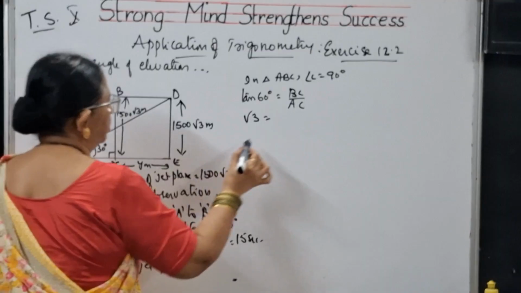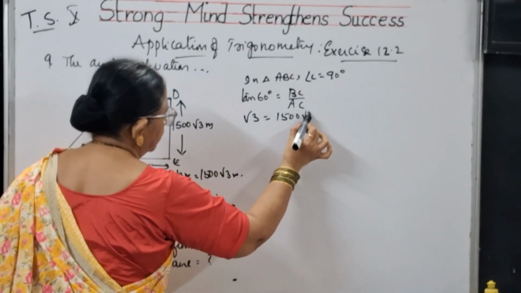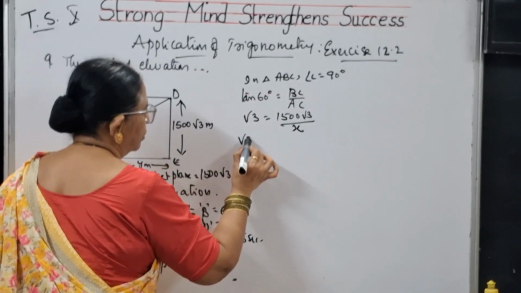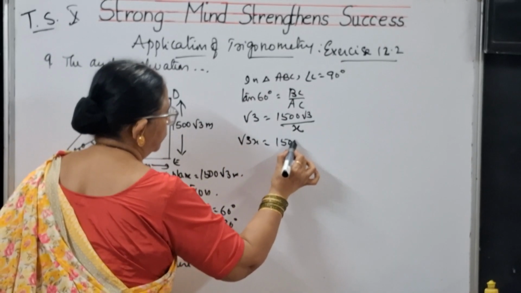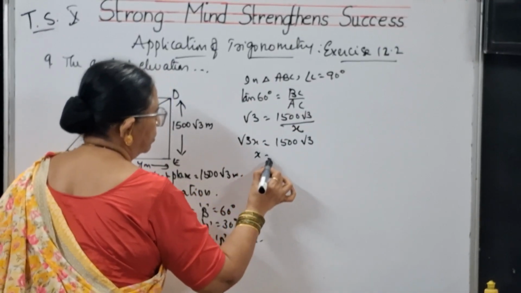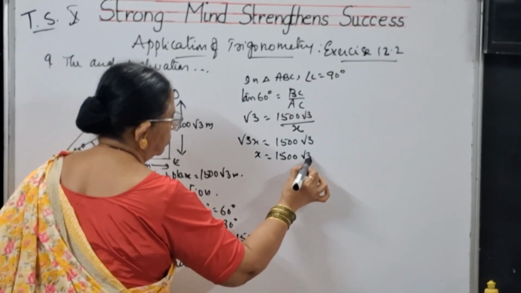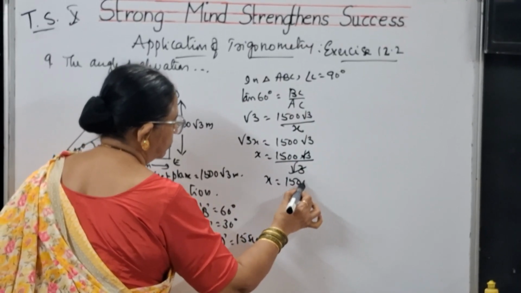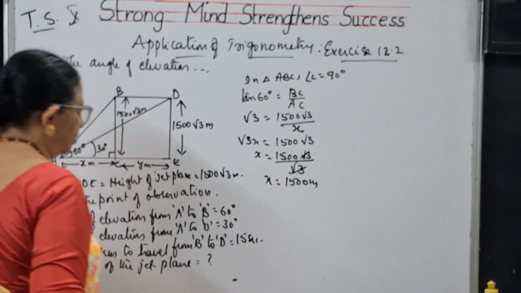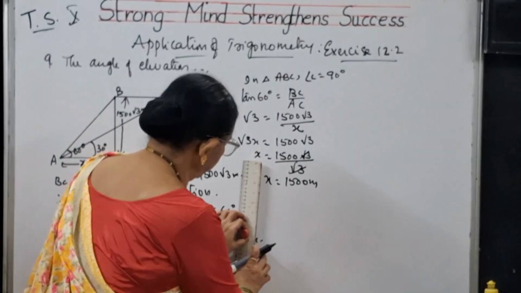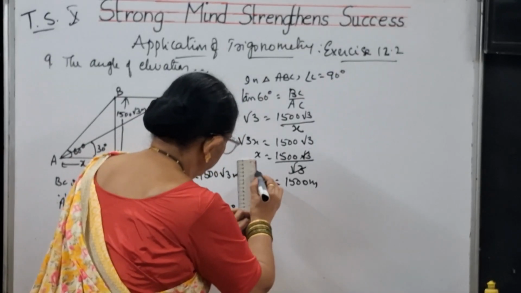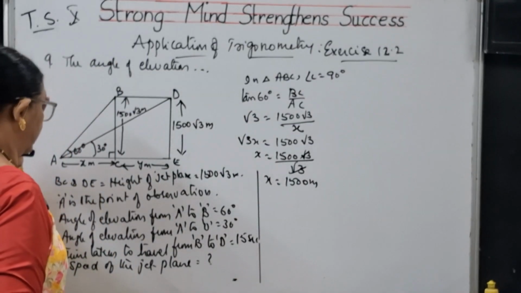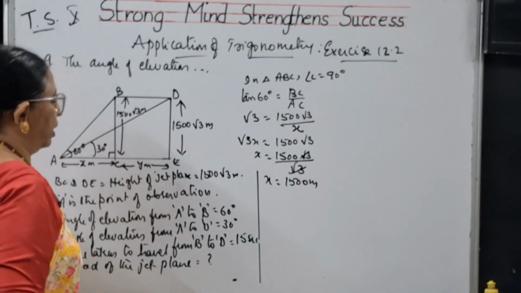So root 3 is equal to BC by AC, BC is 1500 root 3 and AC is x. So root 3 x is equal to 1500 root 3. x is equal to 1500 root 3 by root 3. These two will get cancelled. x is equal to 1500 meters. We got the x value as 1500 meters.